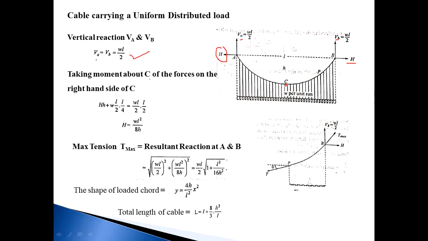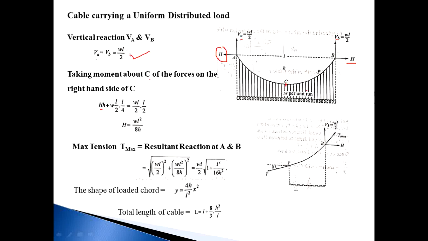First we calculate the clockwise moment with respect to C. The direction of the moment for H is clockwise, so the force is H and the distance is small h. So this is the moment H into h.